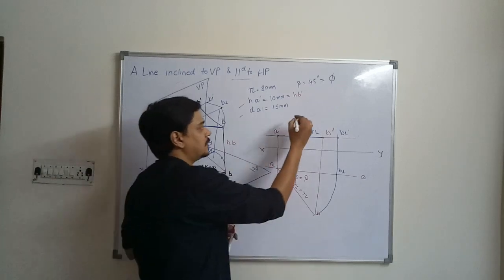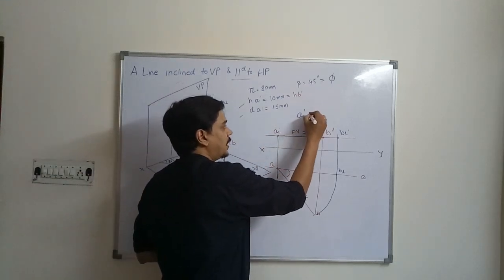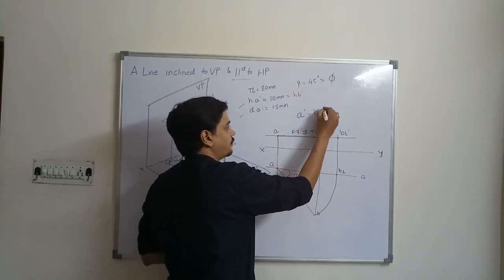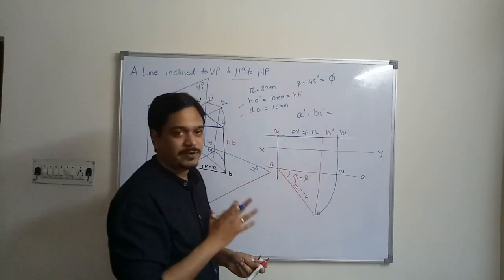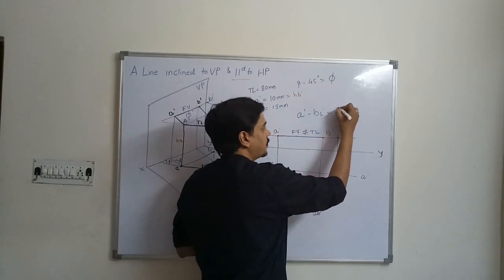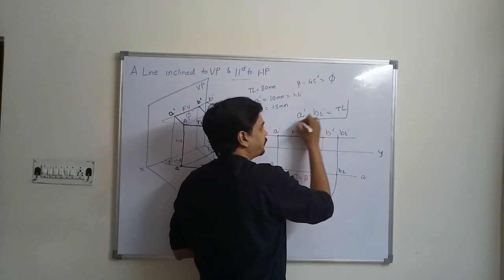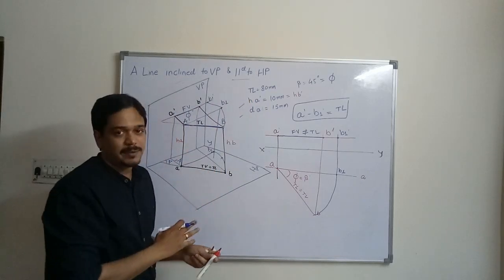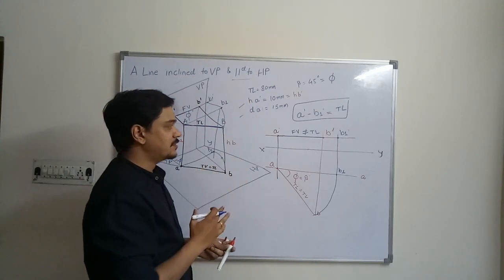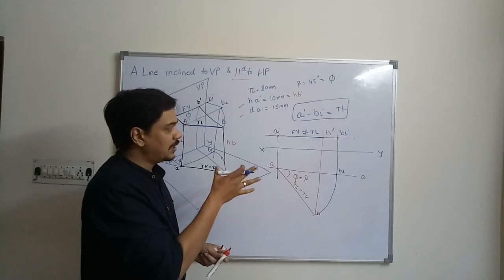So now if you measure A dash to B1 dash, you will observe that this A dash to B1 dash length is equal to the true length of the line, which is 80 mm. So in this way we have to find out the true length in front view.